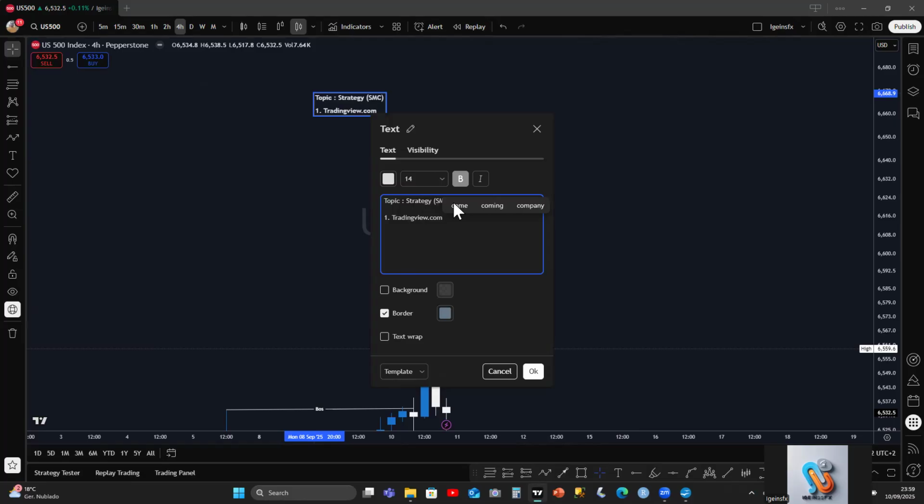So you go to tradingview.com, or you just go to Google and type TradingView.